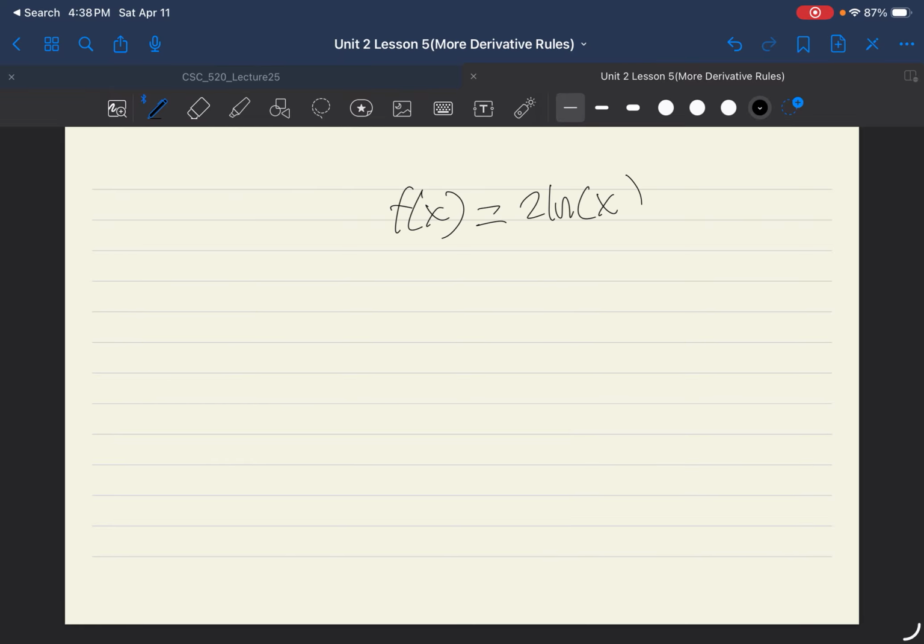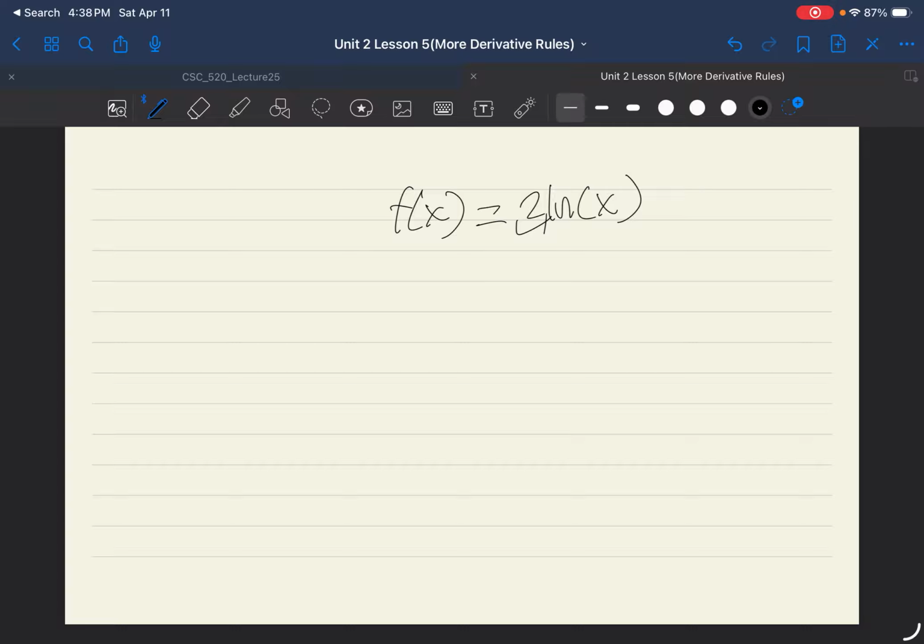What you would be incentivized to do is go back on your log rules, and look at this, and you might want to mess with this constant.